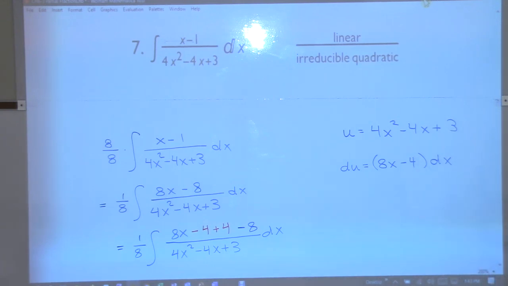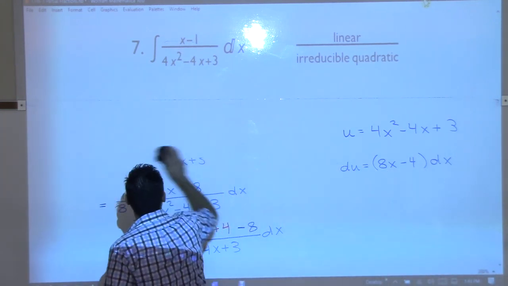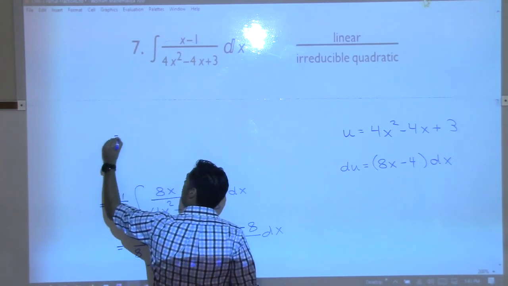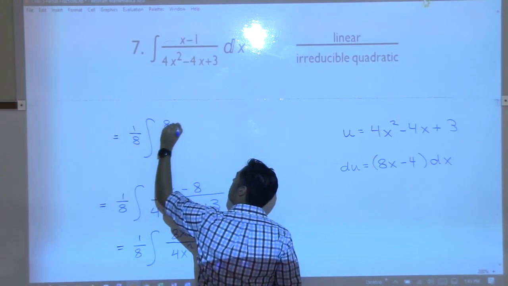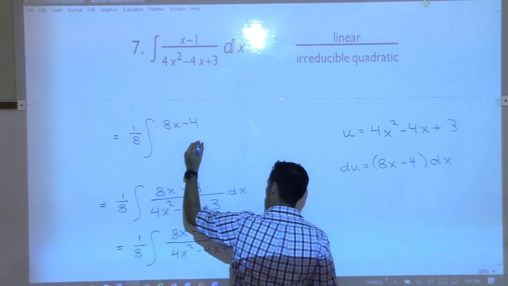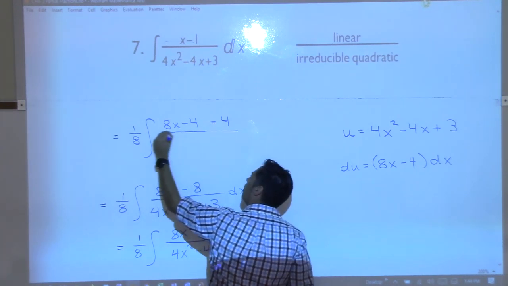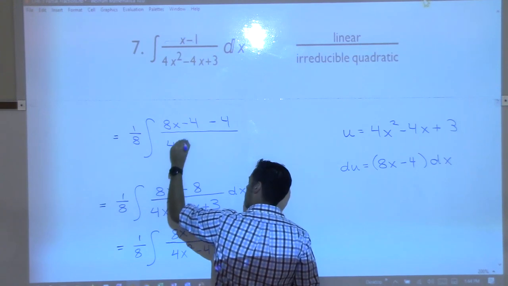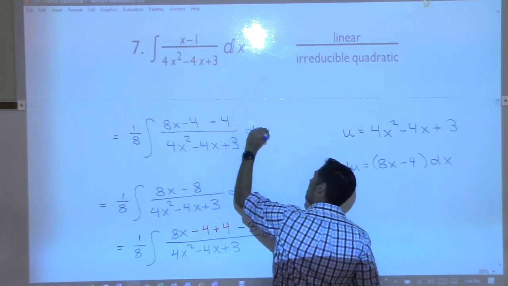Let's take a look at what the next line's going to be. I have 1/8 integral 8x minus 4 and then minus 4 over 4x squared minus 4x plus 3 dx.